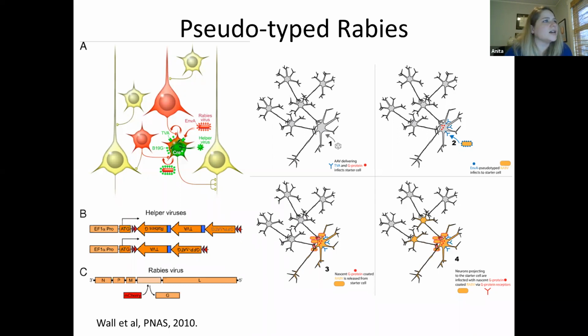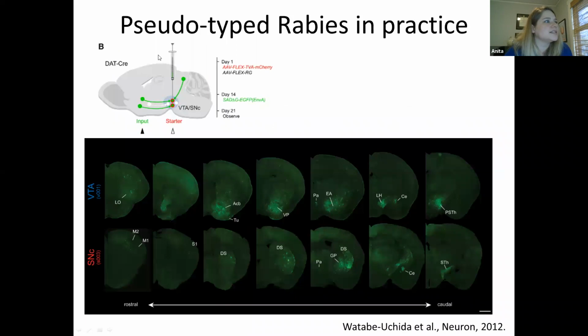So on the next slide, I'll show, this is the actual injection strategy. So first, and in this case, this was using two separate AAVs from this paper from 2012. You basically go in with your TVA and your RG, you co-infect them in a single pipette, but you're mixing two different, in this case, it was AAV5 and AAV8.